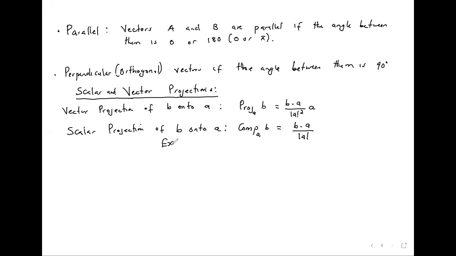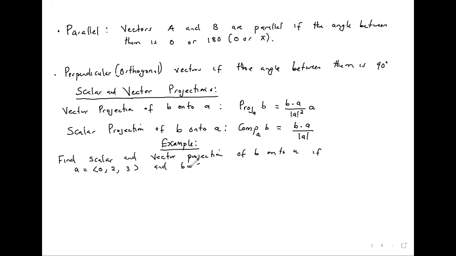Here you need an example. Find the scalar and vector projection of B onto A. If A is equal to 0, 2, 3, and B is equal to -2, 1, 1.